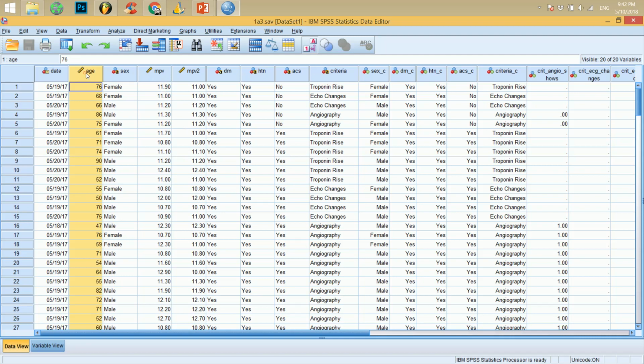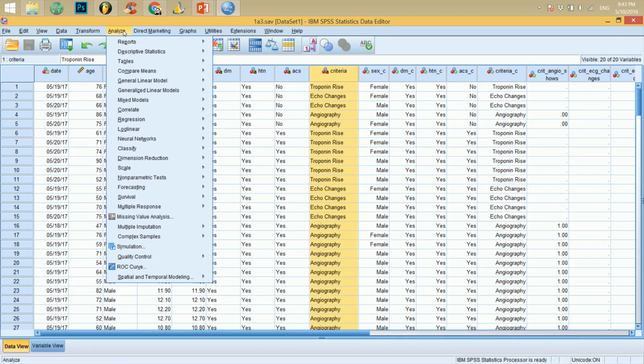So we recorded their age, their sex, mean platelet volume, the MPV, before and after 2 hours of some kind of an intervention or observation. We also recorded whether they had diabetes or hypertension, and whether they were found to have an acute coronary syndrome or not, and the criteria which was used to identify whether they had ACS. So this is the sample data which we'll be using.